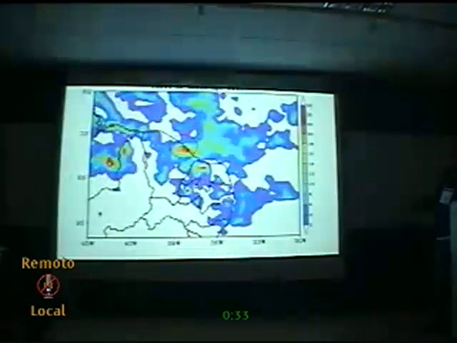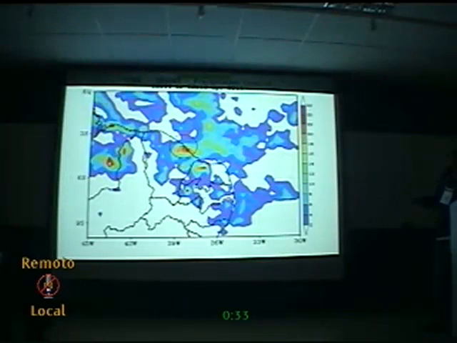The estimates of precipitation from the TRMM satellite for this particular case here. You can see also precipitation on the order of 25, 30 millimeters over here. And this is the radar region, the location of the radar. And it is very interesting to see also the ITCZ very, very close to the continent.